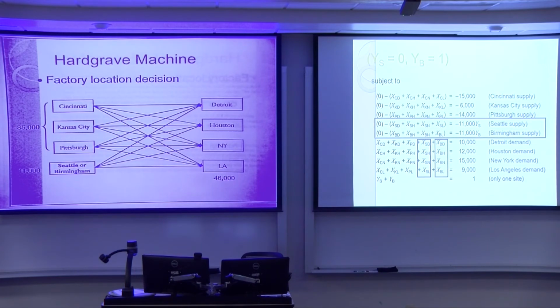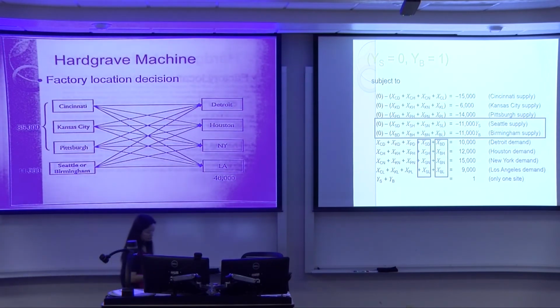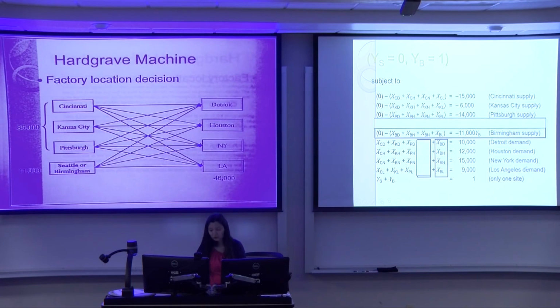And similarly, if YB equals 1, then these two will be ignored, because YS equals 0, okay?